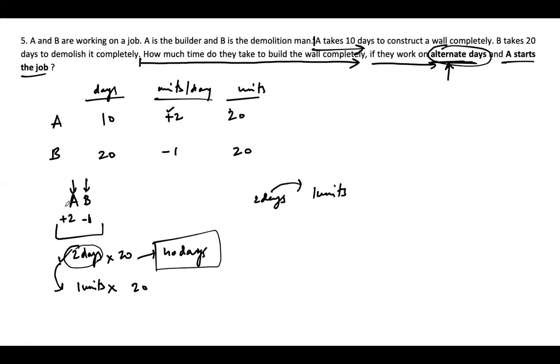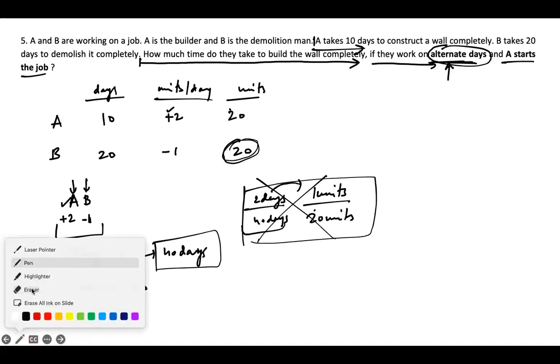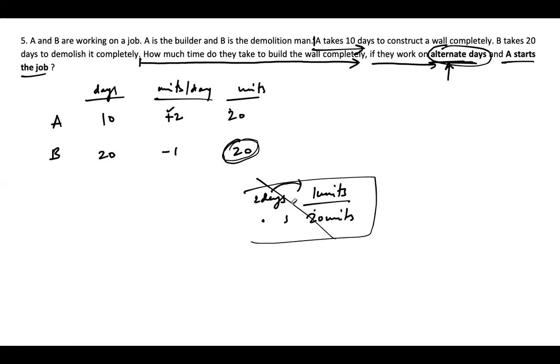As in 2 days, first day A is working, second day B is destroying. So 2 days, 1 unit is done. You need to complete how many? 20 units. So how much time is it? 40. By the way, it is incorrect, okay? Sir, is it 41? Sir, it is 37. Why is it incorrect? I need to ask.